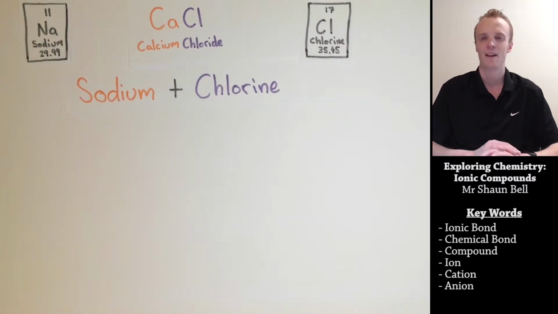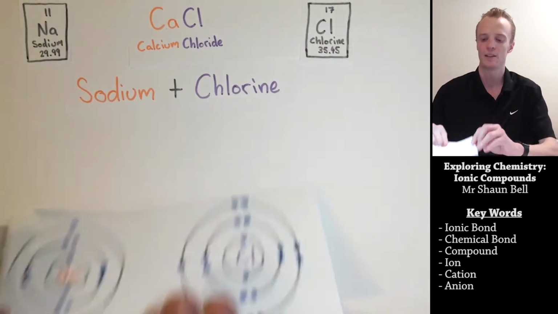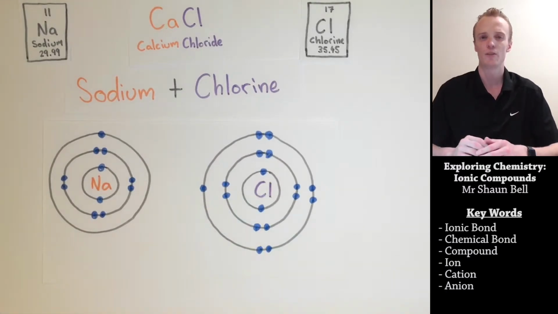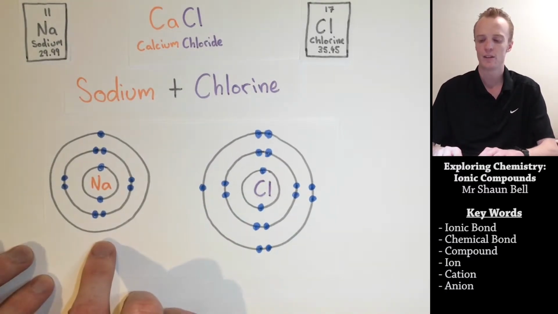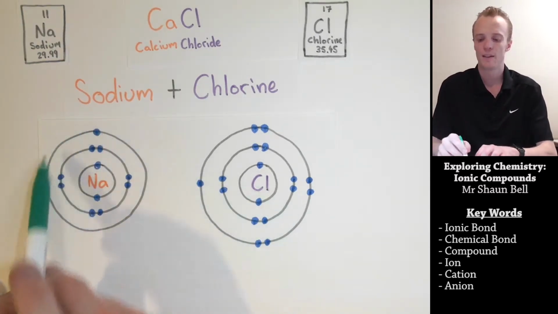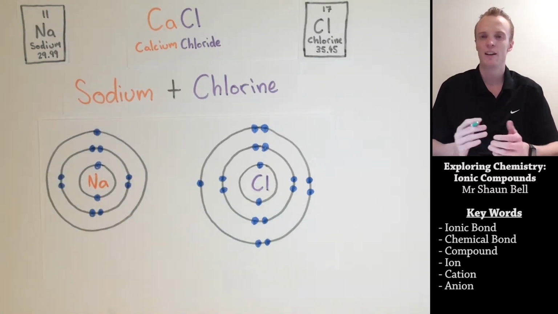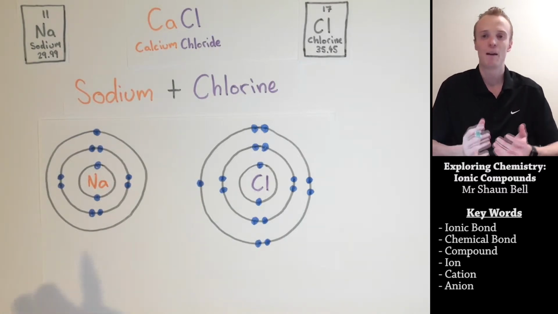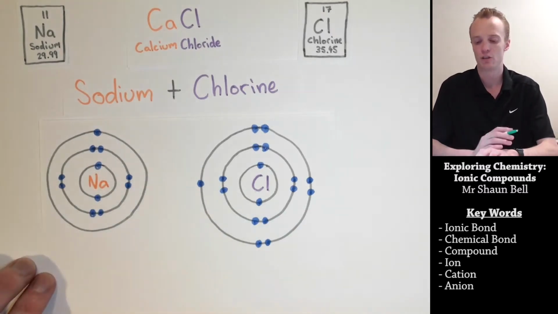Now, to help explain how this process occurs, I've already drawn up the electronic configuration for both the sodium atom and the chlorine atom. The first thing that you'll notice about these atoms is they've both got an incomplete outside shell. While atoms prefer to be balanced, they more prefer to have a full outside shell.